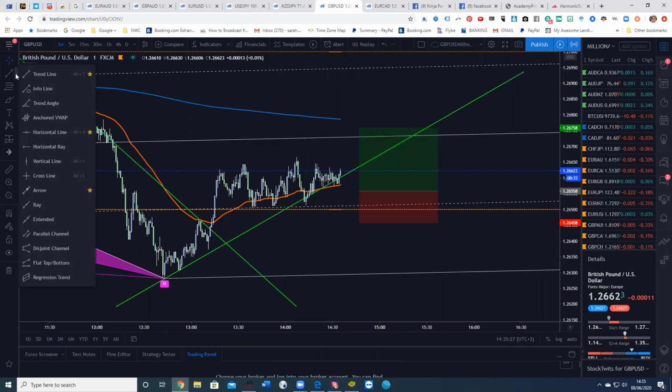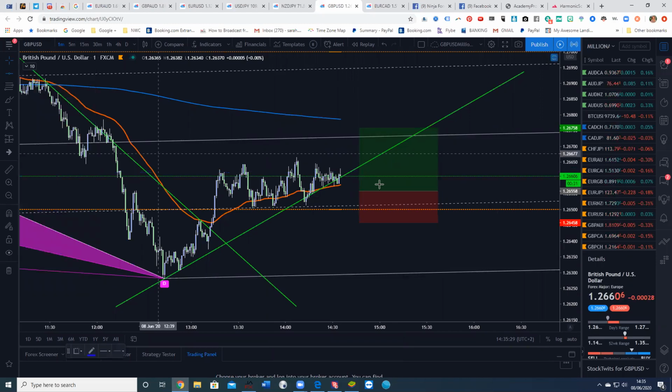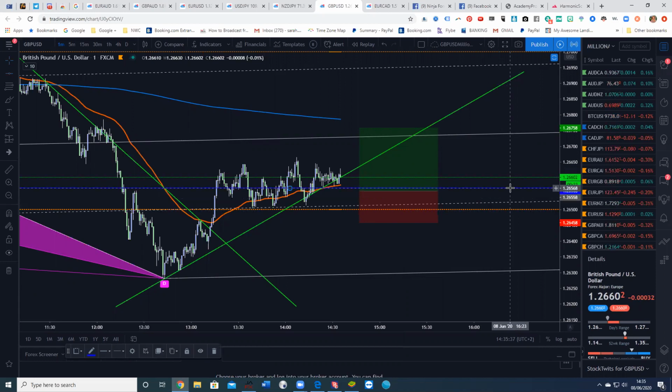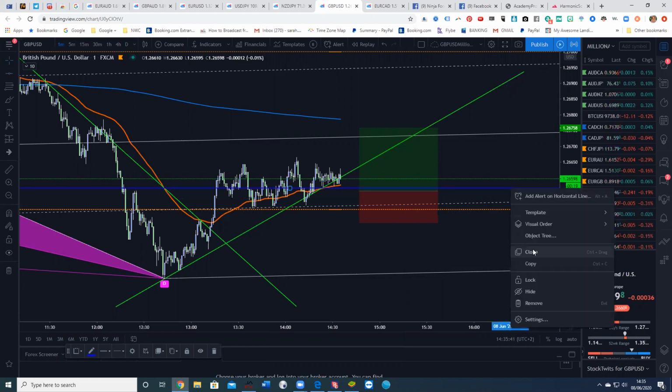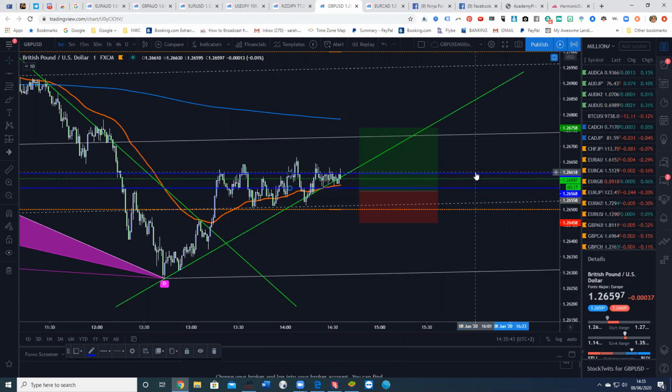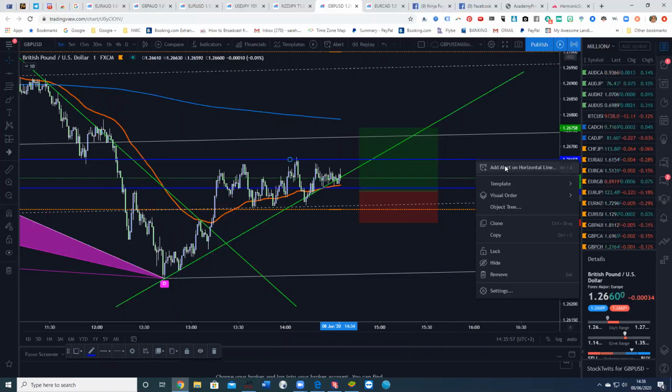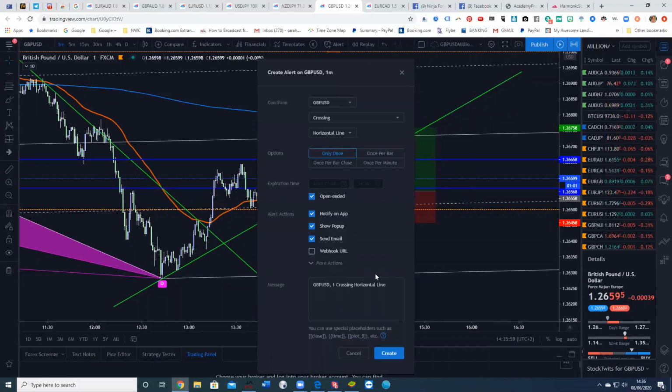And then this is just the way I like to work. You don't have to do all this, but horizontal line, 558, so 568 is one pip there, which is where I put my stop profit in, and then I clone it. And if I got in at 558, then 658 there is my 10 pips, add alert.